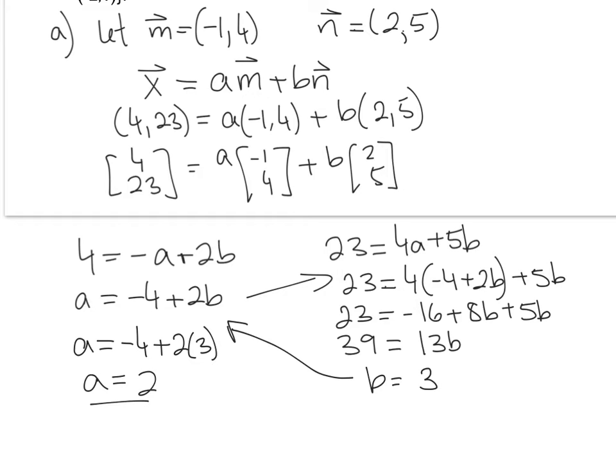So now we have our value for a, we have our value for b for this particular linear combination, and so we can express our final linear combination as vector x, which is (4, 23), is equal to 2 times (-1, 4), plus 3, which is b, times vector n, so (2, 5).